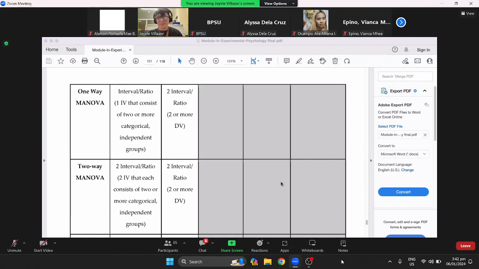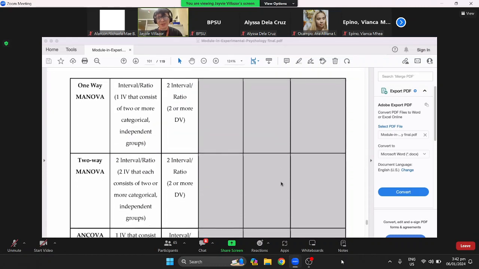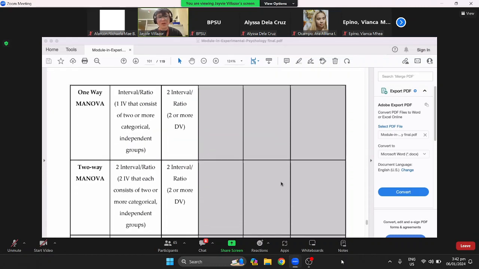Okay. Dito na tayo sa MANOVA. One-way MANOVA. When we talk about MANOVA, multiple analysis of variance, we're analyzing multiple dependent variables. Okay? Again, guys, pag may tanong, chat agad para ma-resolve natin right away.